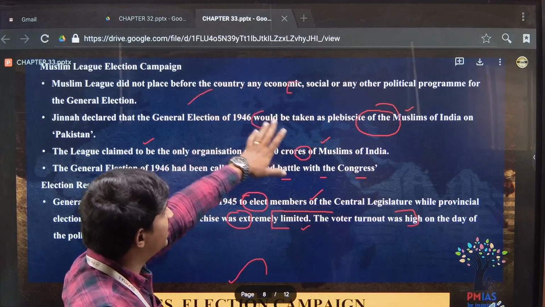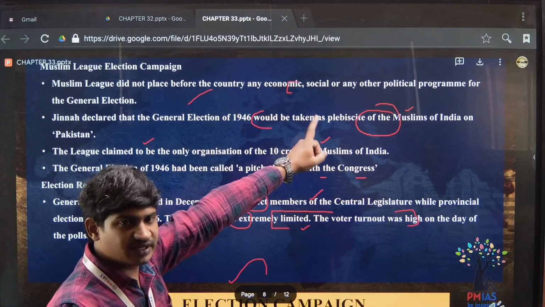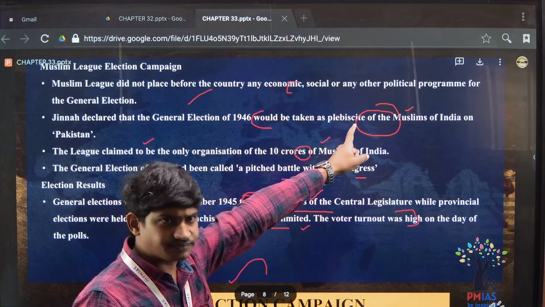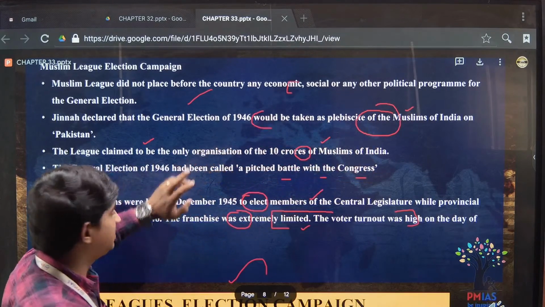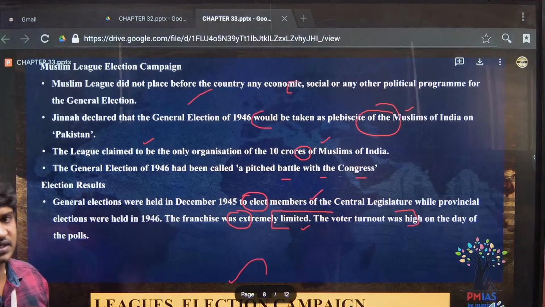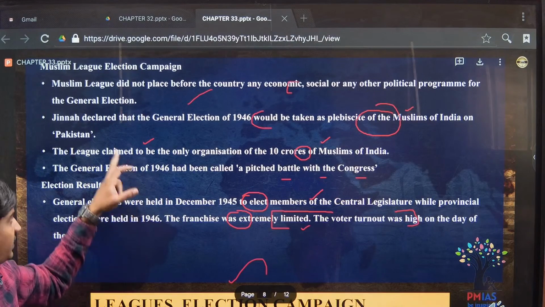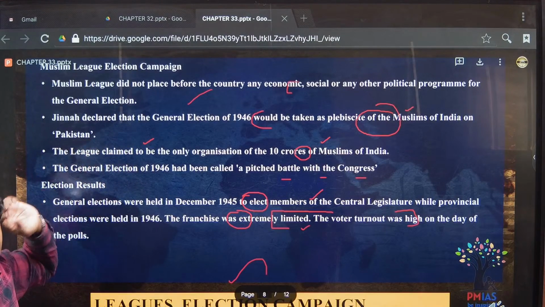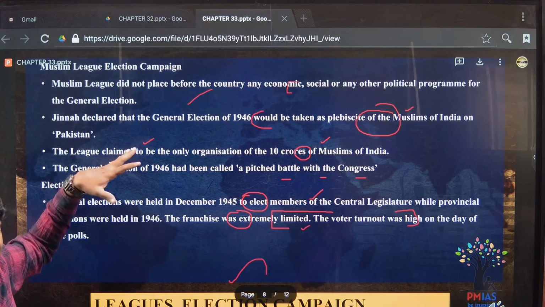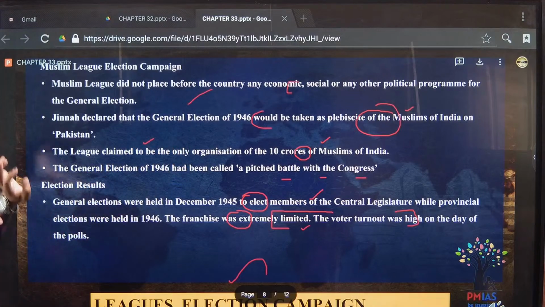They had nothing like that. So what they say is, if we win this election, we will take the plebiscite for the Muslims of India, whether you need to create a separate state for the Muslim dominated area as Pakistan or to remain with India. So if they win this election, they were ready to take the plebiscite. The Muslim League also says that for the 10 crore Muslim population, it is the only recognized party, that is the Muslim League.